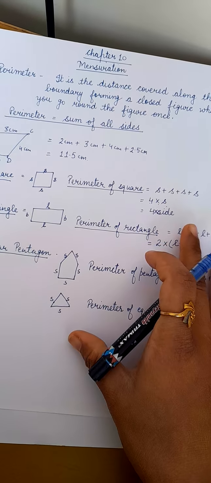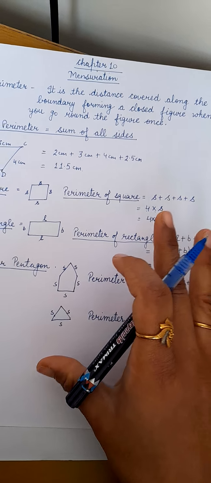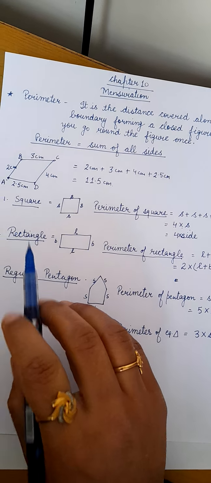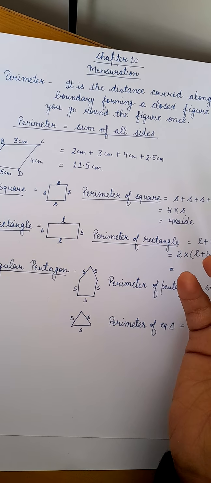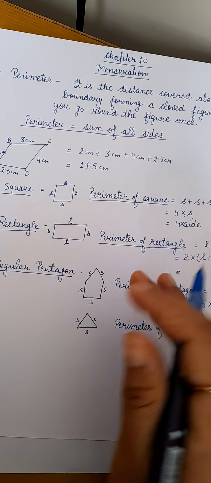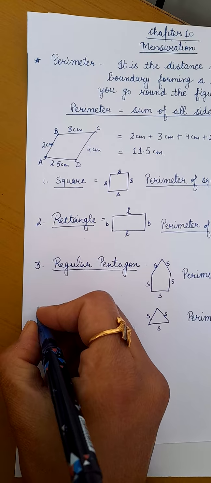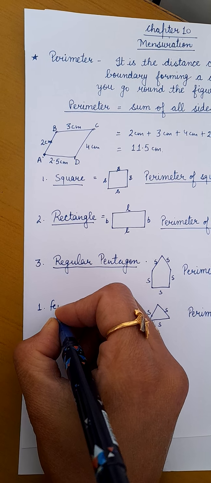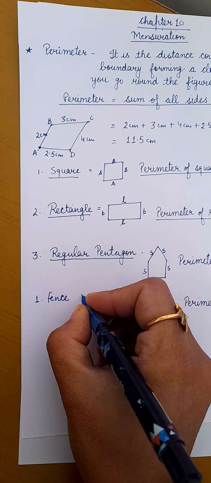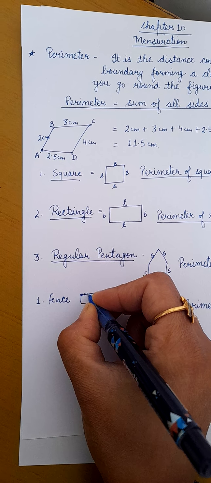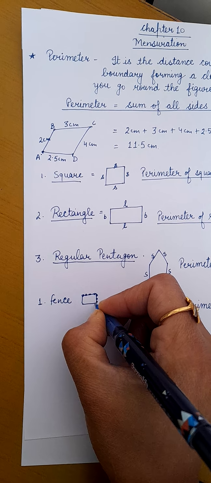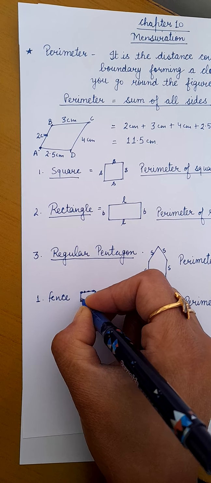Now, after understanding this part, what you have to learn are the statements of your book where you have to use perimeter. Some specific words are given, such as fencing. If you want to fence anything, that means you are using only the boundary. Fence means baad lagana.